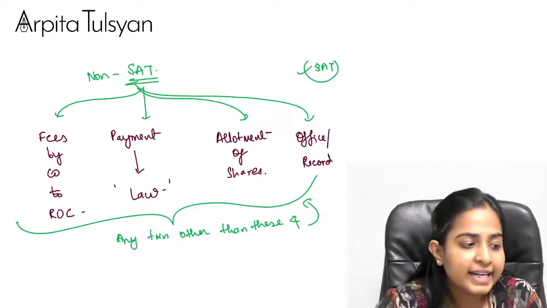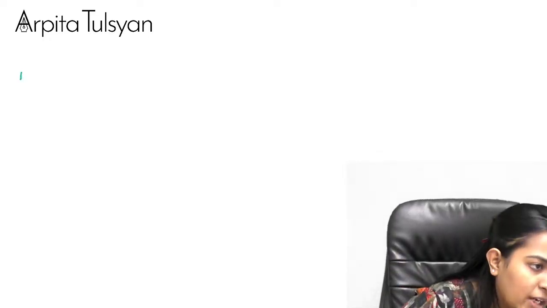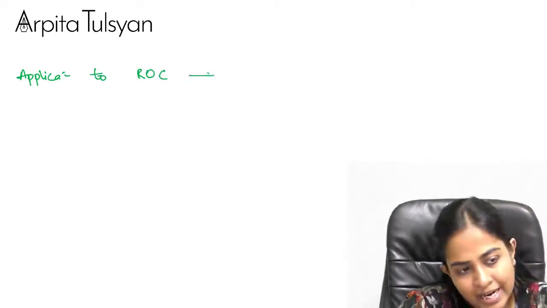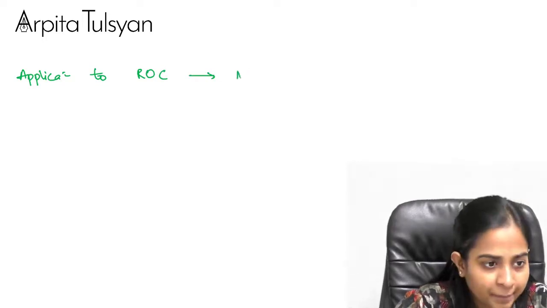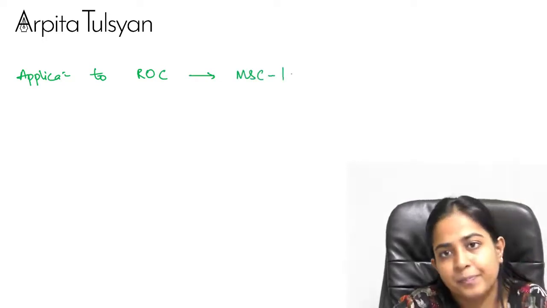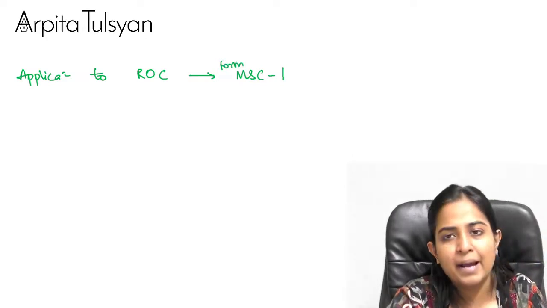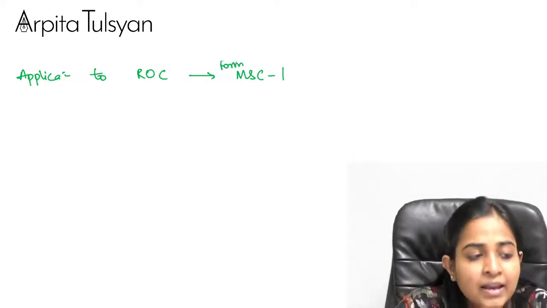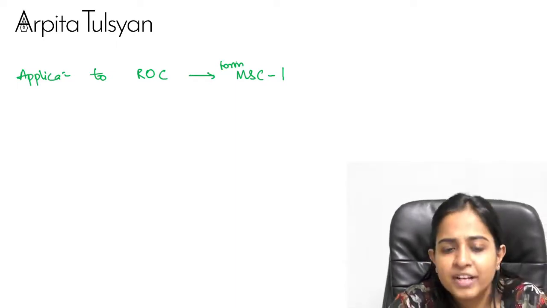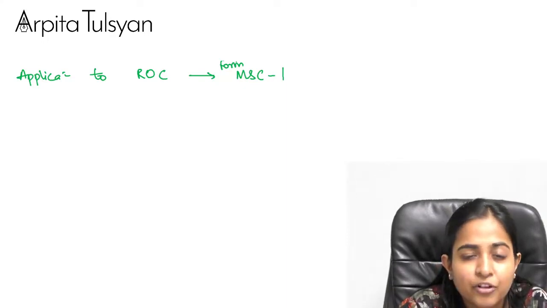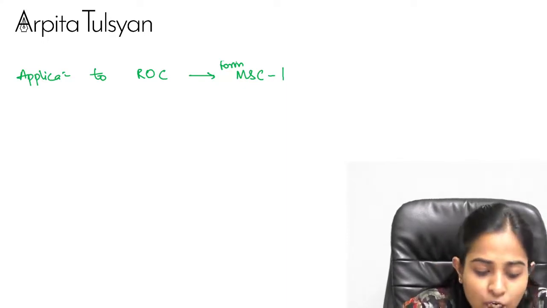Then in such cases, you can go and make an application to the ROC in form number MSC1 that, sir, we are a dormant company or an inactive company and we wish to get ourselves converted from an active company to a dormant company.